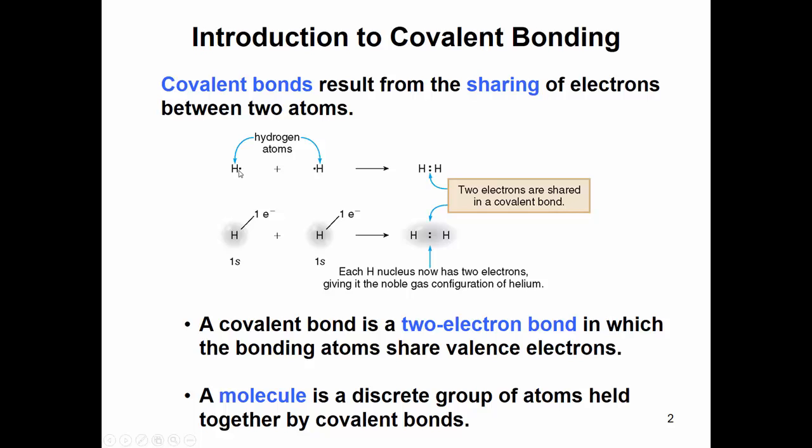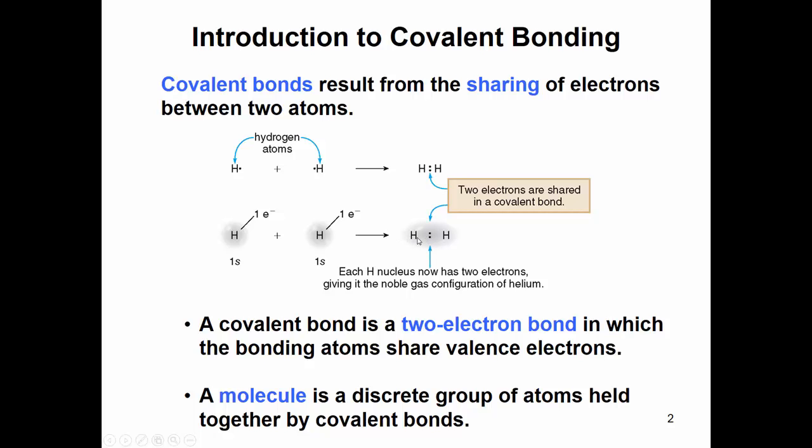There's hydrogen's one valence electron, and remember our electrons reside in orbitals. When these orbitals get close enough to each other, they overlap. That's what a bond actually is: orbital overlap, where electrons can be shared between them.